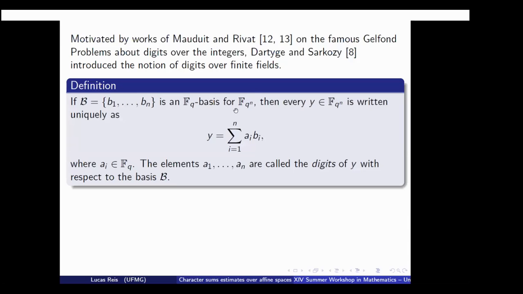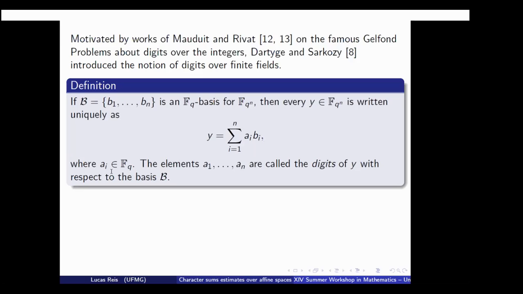And so here's the definition. We take the field Fq to the n. We can regard Fq to the n as an Fq vector space of dimension n. And so if we take a basis here, B1 to Bn, every element of Fq to the n can be written as a sum like this, where each ai is an element of Fq.